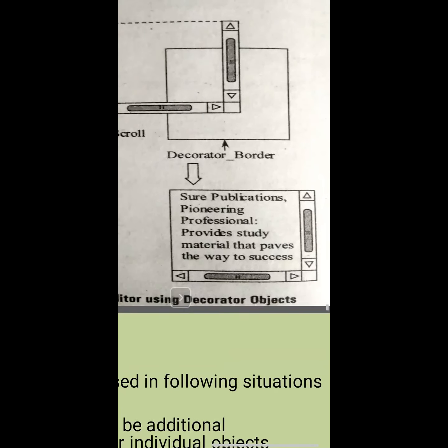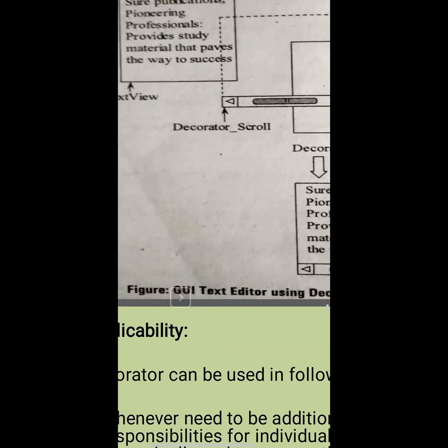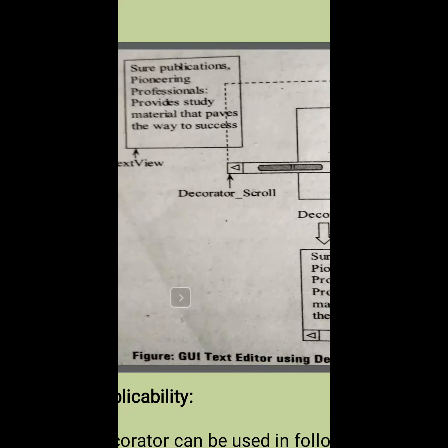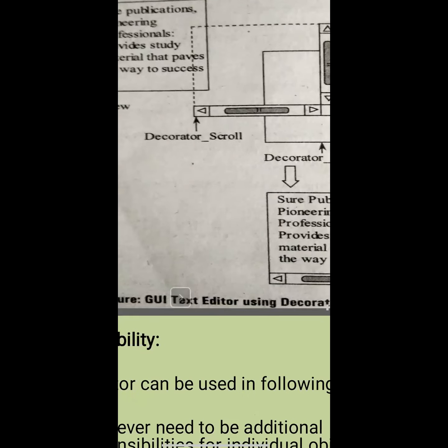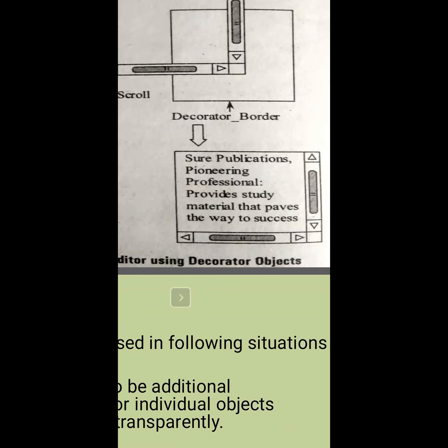If you observe here, it is the same test view. So that means initially what we have is the existing one, and that will be changed and converted like this.